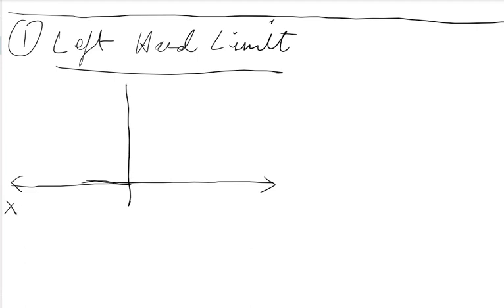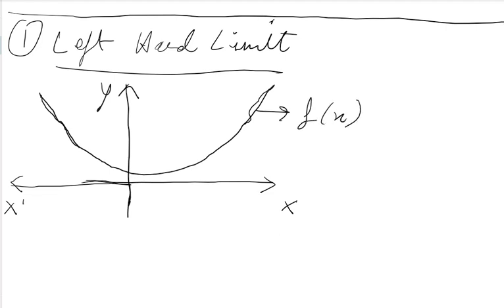This is x dash, this is x, and this is the y-axis. Now look very carefully. Suppose a graph is approaching from the left hand side and going away like this. It is a continuous graph. You don't have to pick up your pen to draw this graph, and this graph is f of x. Let's say some point A is in here.